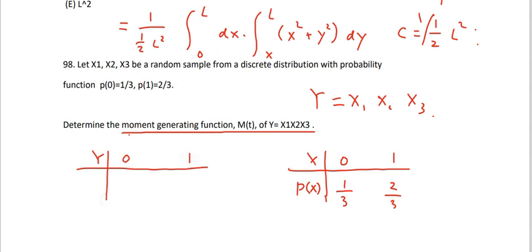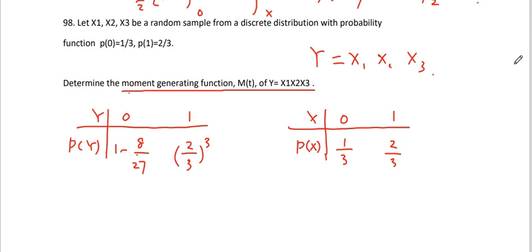When Y equals 1, it is only when X1, X2, and X3 all equal 1. So the probability that Y equals 1 is this, and the probability that Y equals 0 is 1 minus this, which is maybe 8/27. Now the moment generating function is very easy.